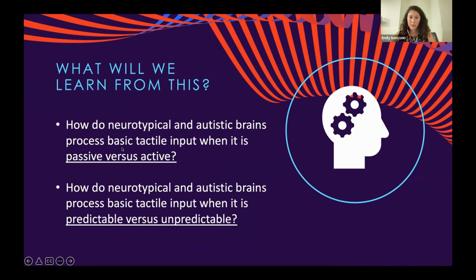So what will we learn from this? With that 2x2 graph, we'll be able to show how neurotypical and autistic brains process tactile input that is passive versus active, and also predictable versus unpredictable.